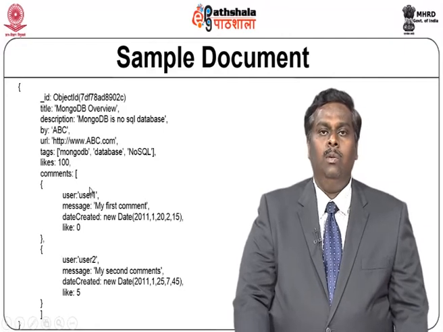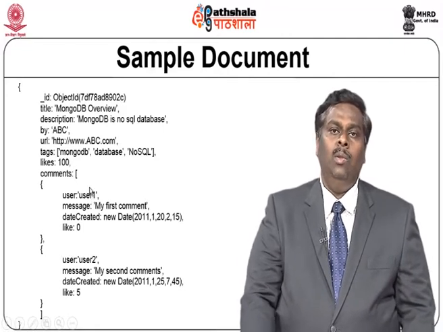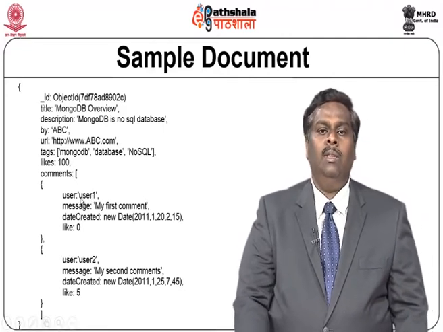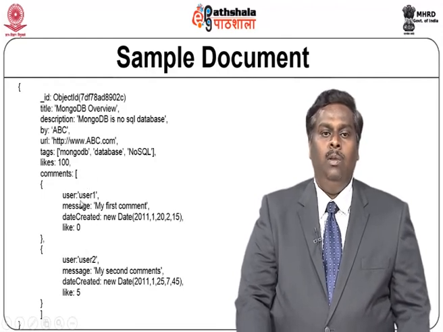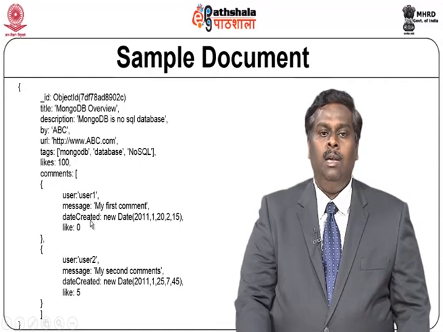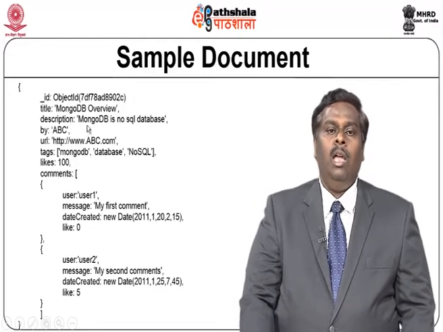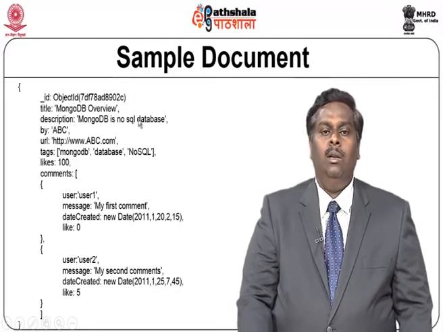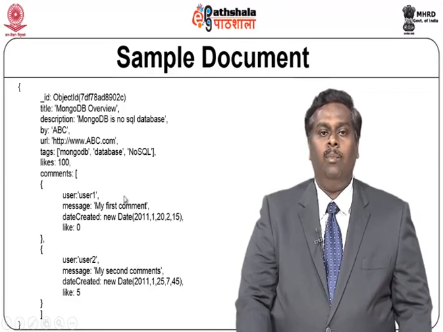So, each and every user's comment is internally going to be a document nested within this document. Every user will have a user ID, the message given by the user, the date when this message or review comment was given, and the like. Likewise, a document is represented in a MongoDB environment.